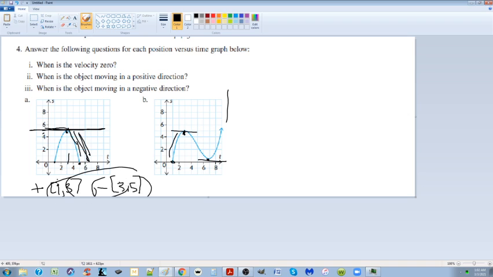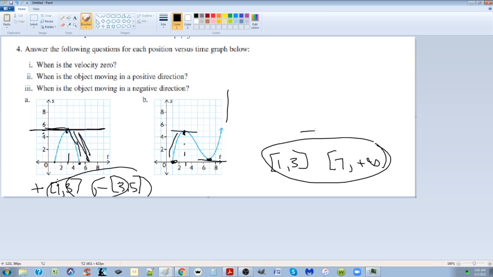And that's the negative direction. Positive direction, there's 2 here. Square bracket, 1, comma, 3, square bracket, and square bracket, 7, comma, positive infinity, which never has a square bracket. So that's positive. Negative is just from here to there. So you get square bracket 3, comma 7, square bracket.